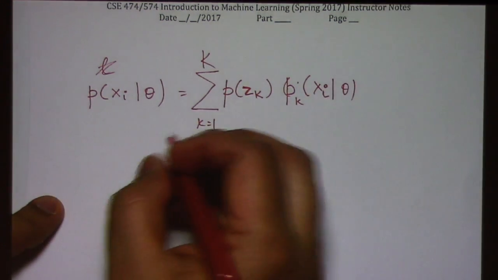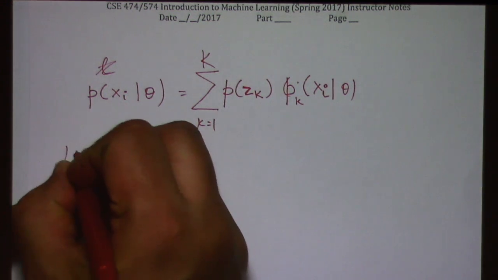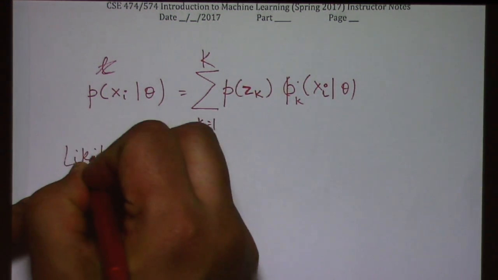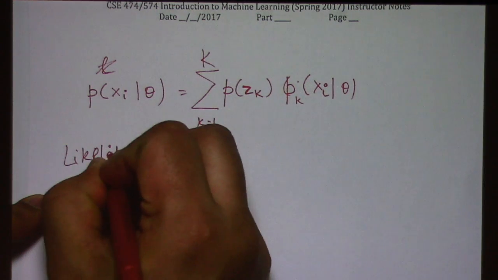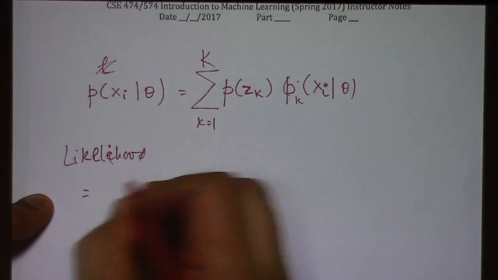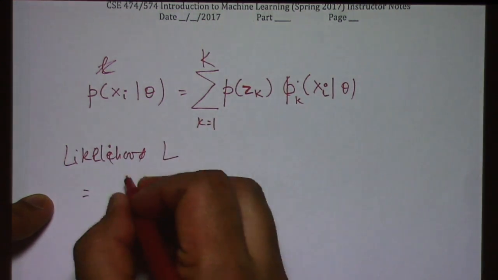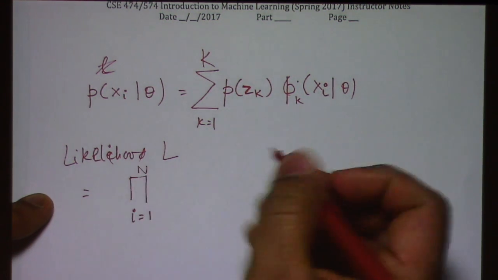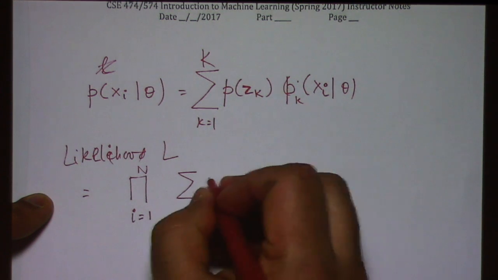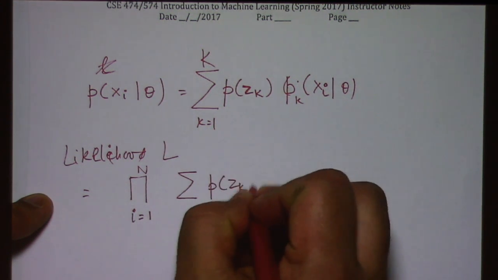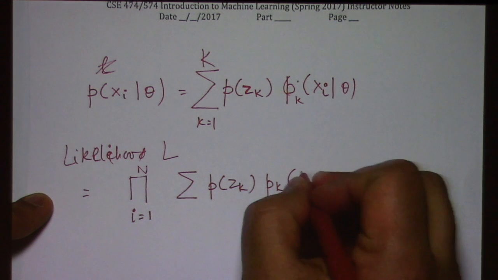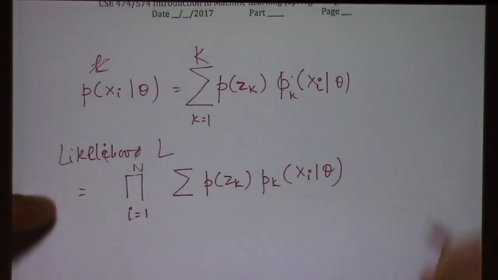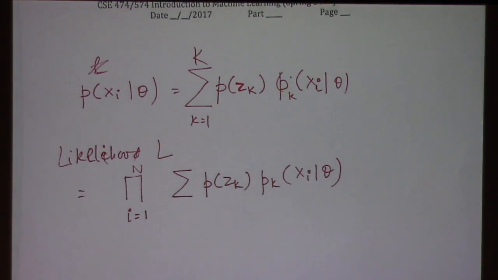Which means that if I now want to compute the likelihood of my data, the likelihood, which I'm going to call L, is just a product over all my data points, 1 through n, of the summation over k of p(z=k) p_k(xi | theta).